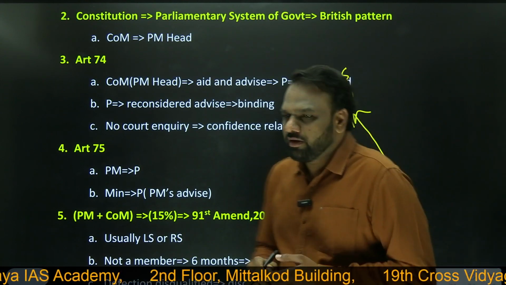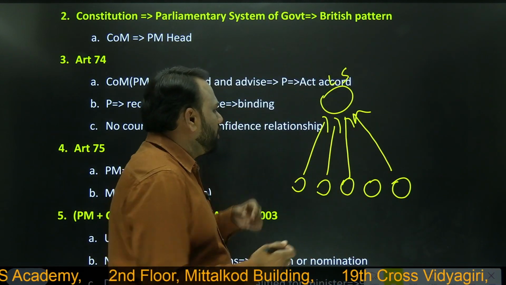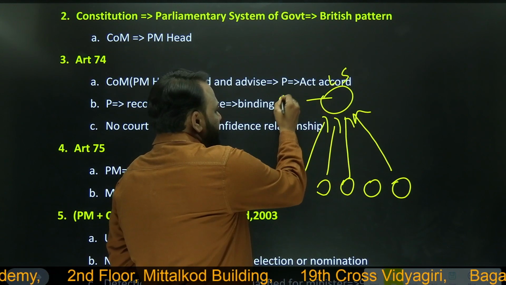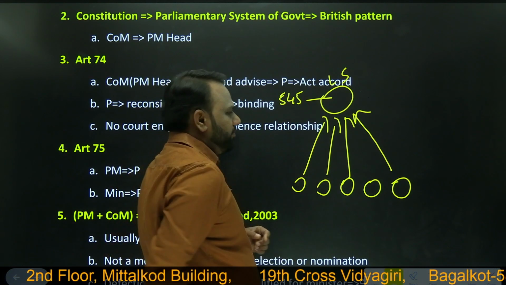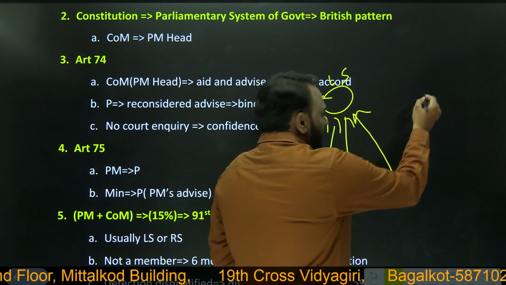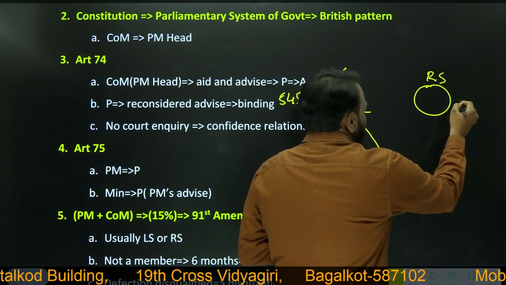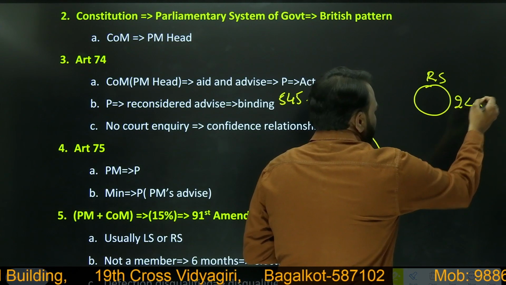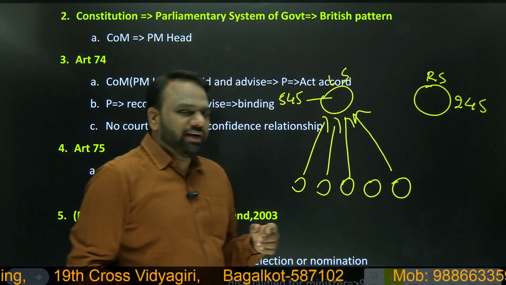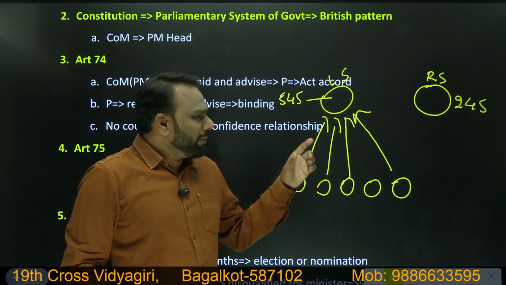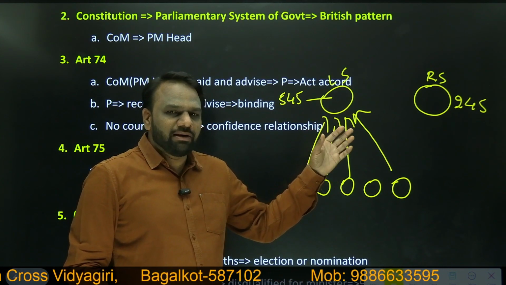How many representatives do we send here? 545. Similarly, not directly but indirectly, we also send our representatives to Rajya Sabha. How many? 245. Here directly people will not elect, but MLAs will participate in the election. We will be discussing about that later on.